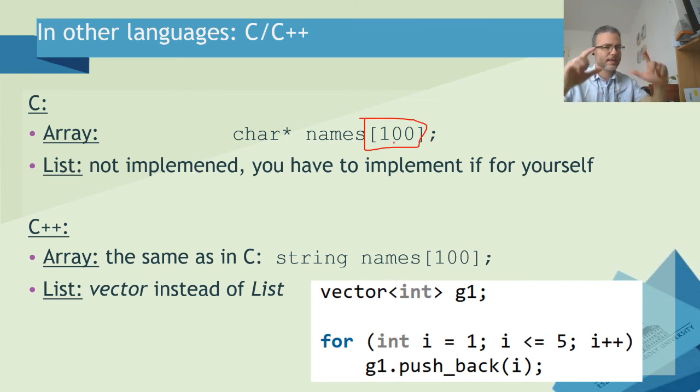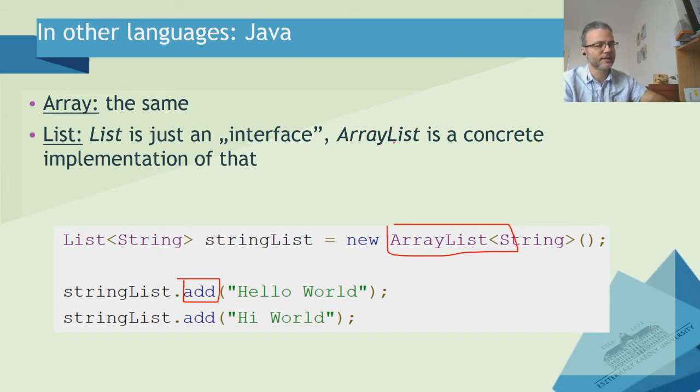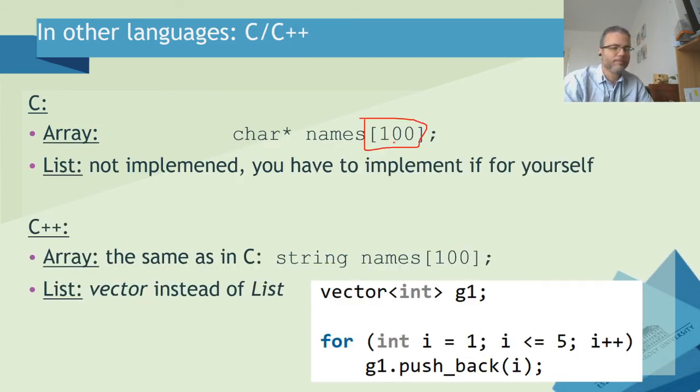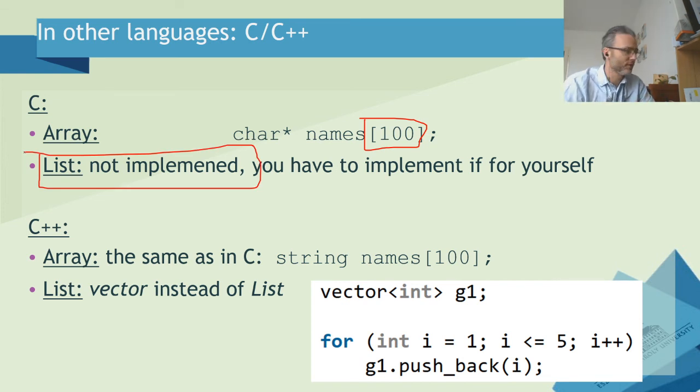You have to put the size after the variable's name between brackets. You don't have to use the new keyword and stuff, but the idea is the same. However, in C, there are no lists, I mean, not as basic data structures.